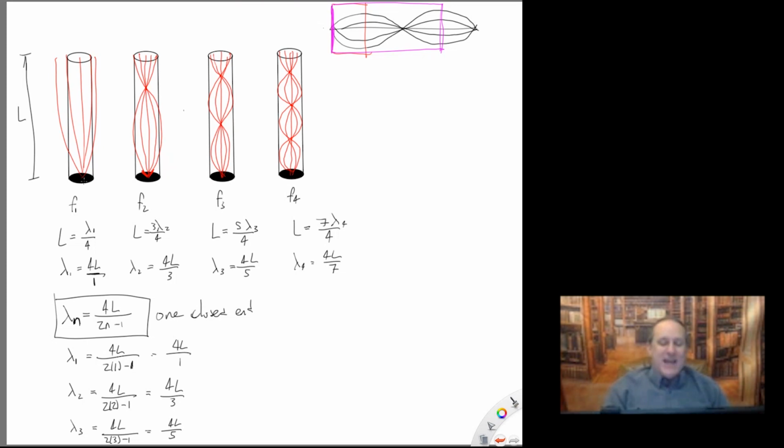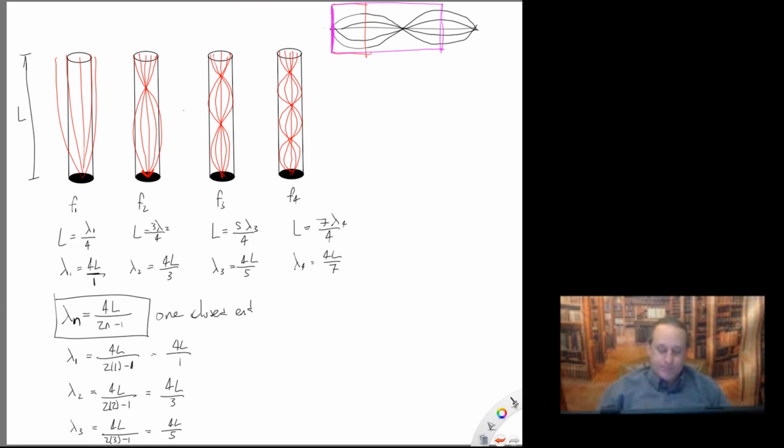So the closed end gives us a node, always, no matter what harmonic we're talking about. The open end gives us an antinode. And then in between the ends, we go with 0 nodes, 1 node, 2 nodes, 3 nodes, 4 nodes, 5 nodes, and so on.